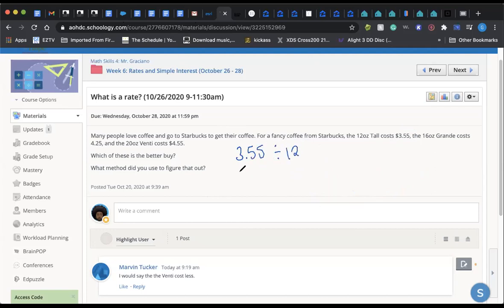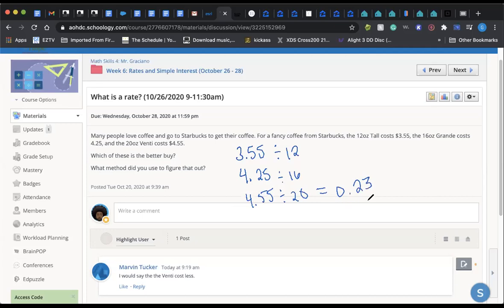The 20 ounce? Good. What was the price per ounce for the 20 ounce? $4.55. So when we divide 455 by 20, what did we get? 22.75, right?